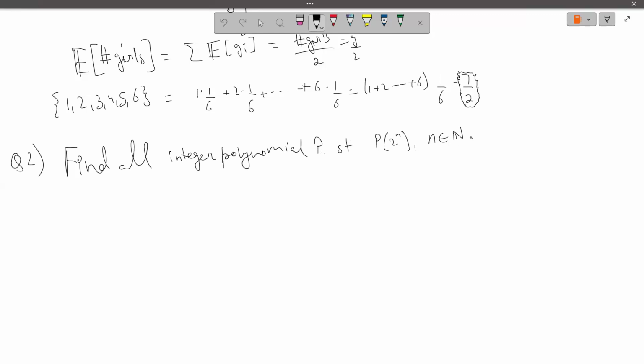All of these numbers have no prime divisor greater than 10 to the 100, or any large constant for that matter, it works.